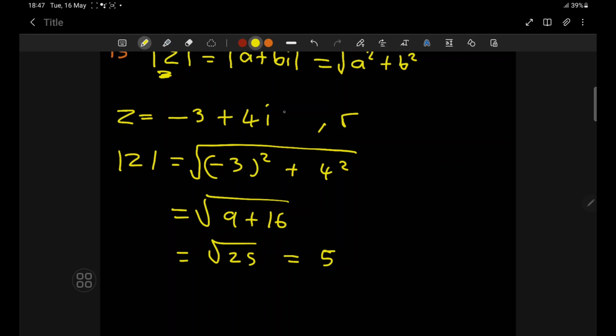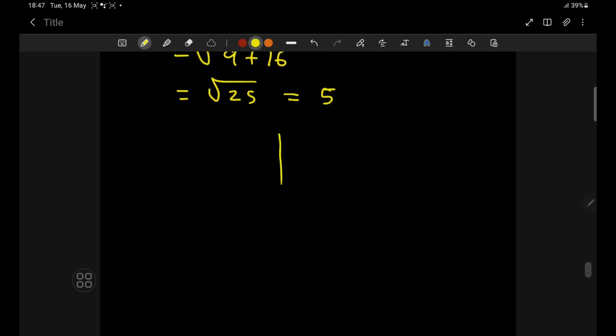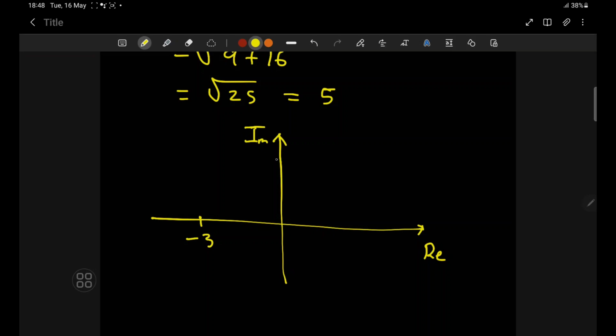So now let's say we plot this. For plotting complex numbers, this is our imaginary part and this is our real part. Since negative 3 is the real part, in the real axis we'll have negative 3. Then in the imaginary part we have a positive 4, which is 4i, so we'll have the 4 over there.